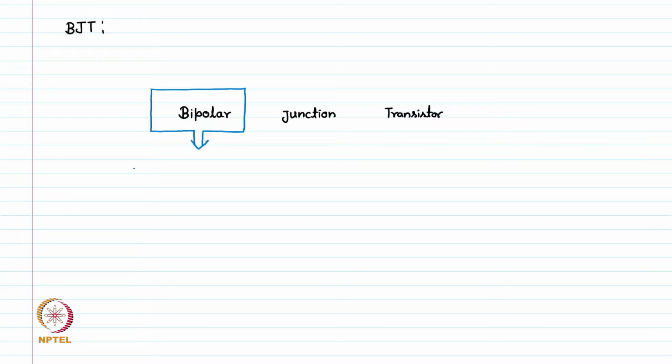So, here we have holes and electrons. These determine the characteristic of the transistor.